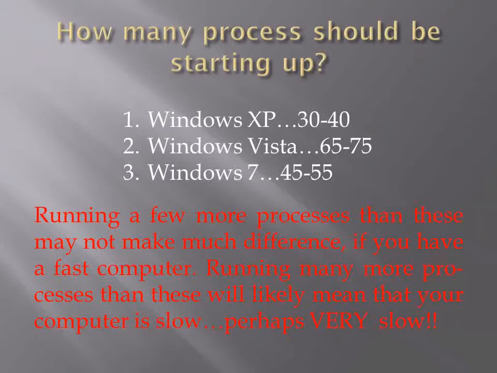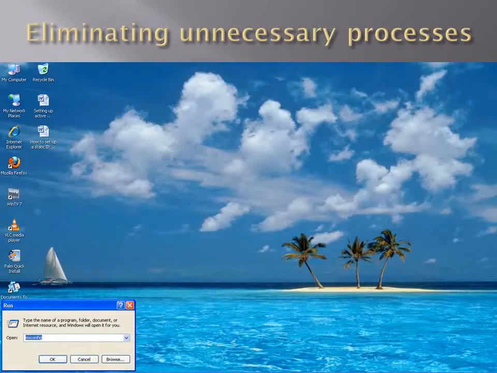Now, running a few more processes than the suggested high end for each of these operating systems may not make much of a difference, but that's if you have a good fast processor and plenty of RAM. But if you have a lot more processes than these numbers indicate, that could be the reason that your computer is running so slowly. If you want to investigate the processes that are starting up in your computer so that you can eliminate the unnecessary ones, you'll need to start the System Configurator.